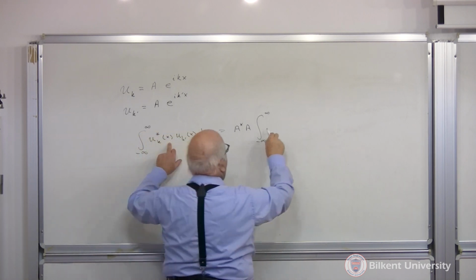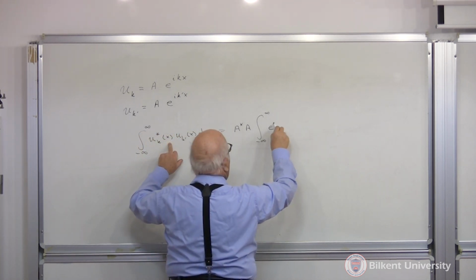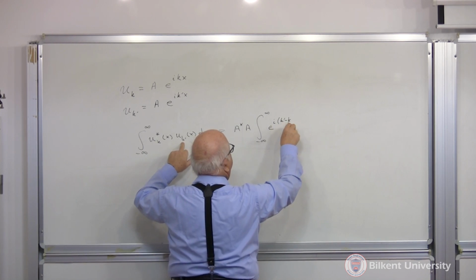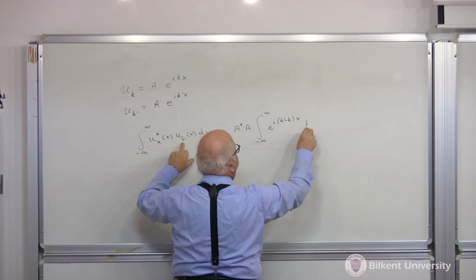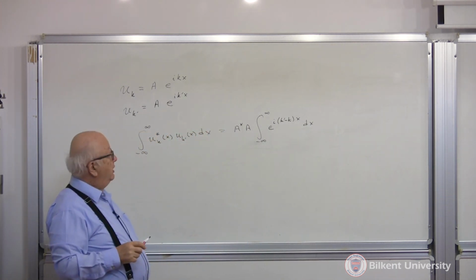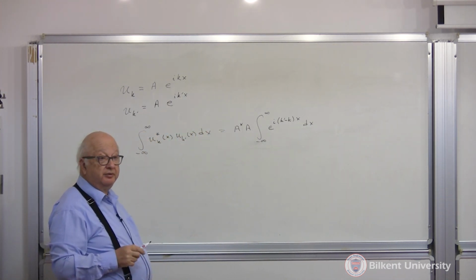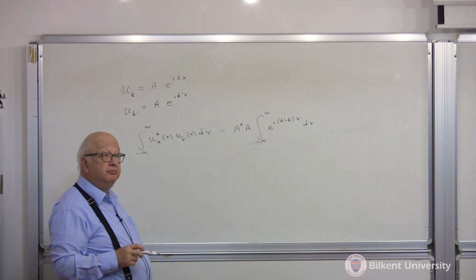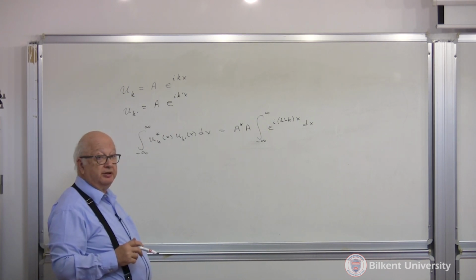So this will look like e to the i (k prime minus k) x dx. And what is that integral? Is it a multiple of the delta function?